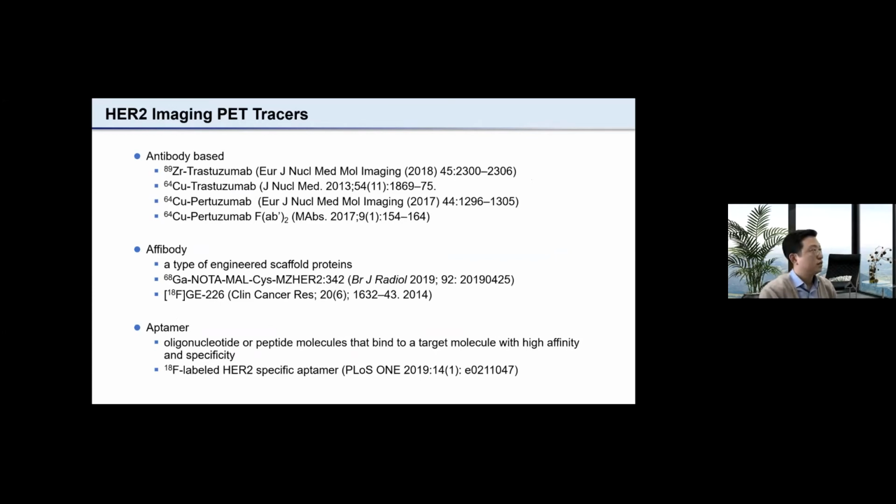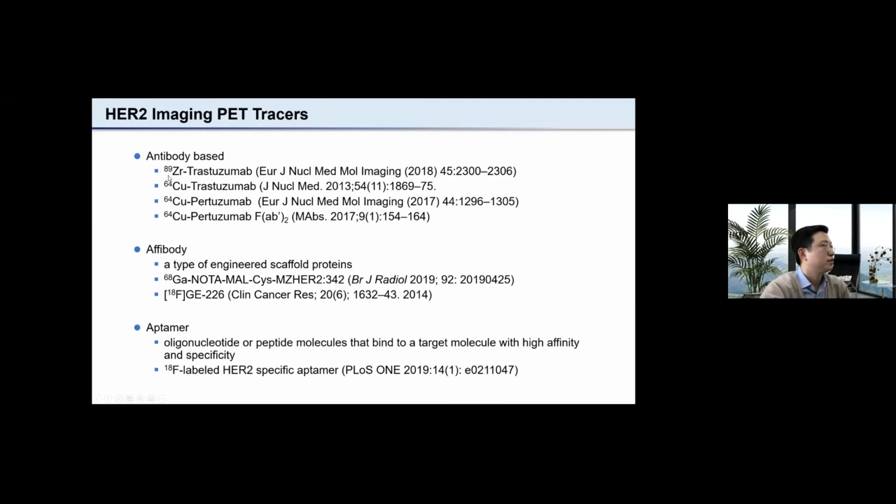So HER2 status can be evaluated with in vivo imaging tracers. There are a lot of tracers that were reported, mainly antibody-based tracers, because there are very good antibodies used in the clinic, including trastuzumab and pertuzumab.